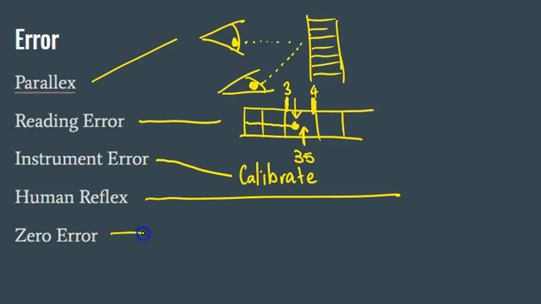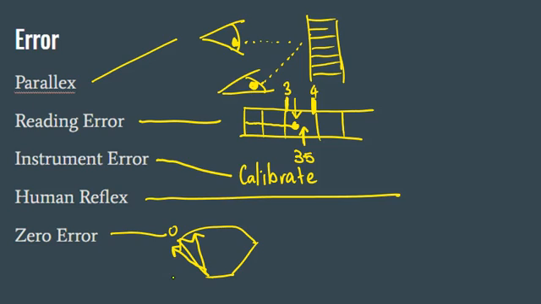The last thing here is a zero error. Anyone who's weighed scales knows that they don't always start on the 0. Sometimes your little arrow can read 0 below the 0 mark, or it can read 0 above the 0 mark, and if that's the case, it's not starting in the right place to make a measurement at all.